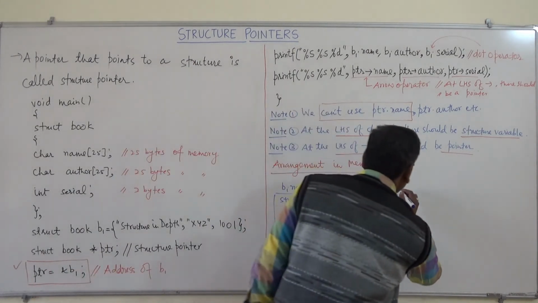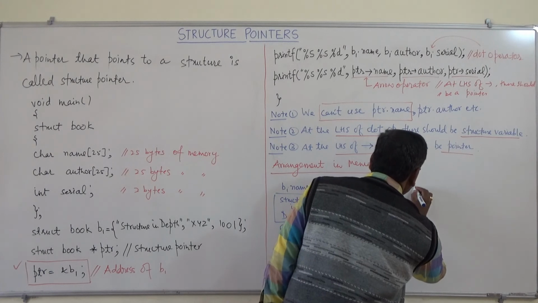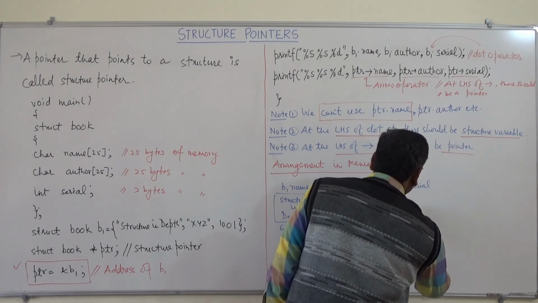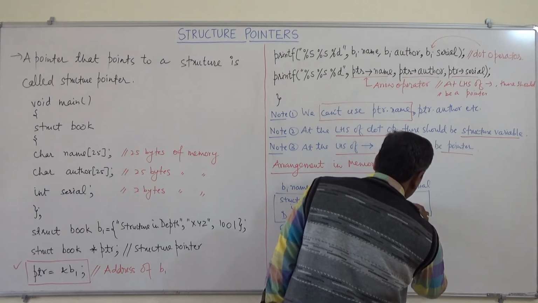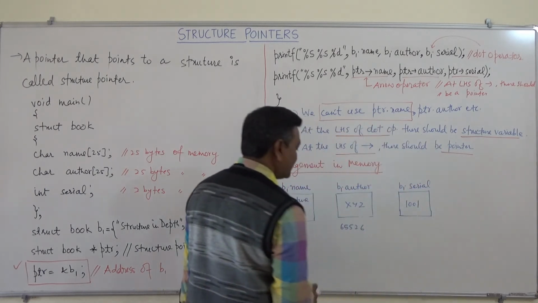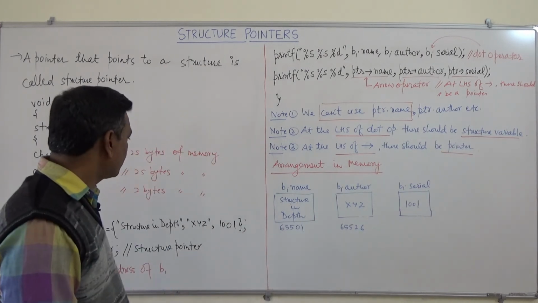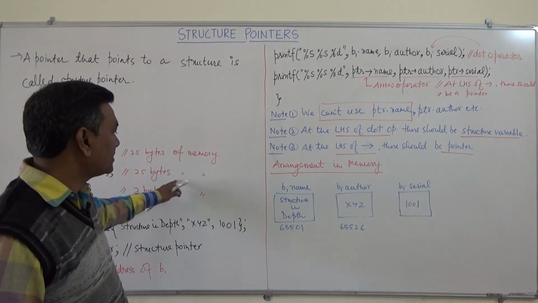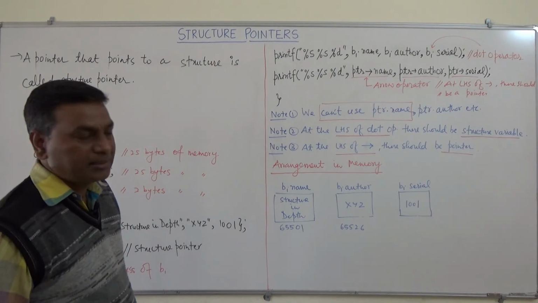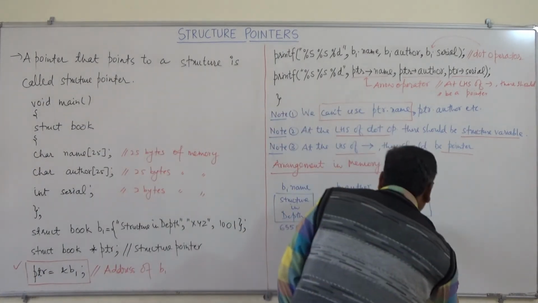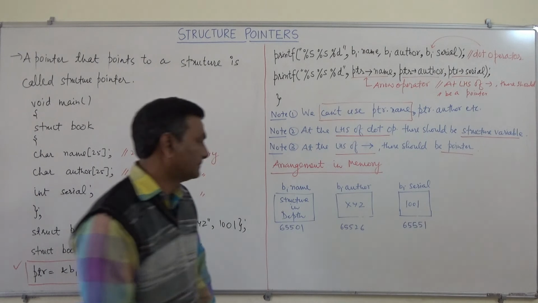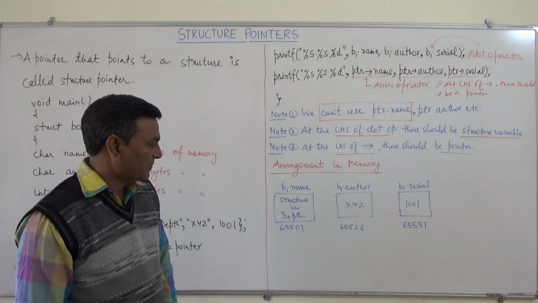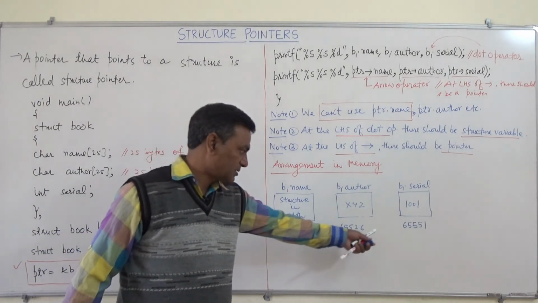Then b1 dot serial, and this serial is 1001, and its address will be 6551. So these are the addresses.